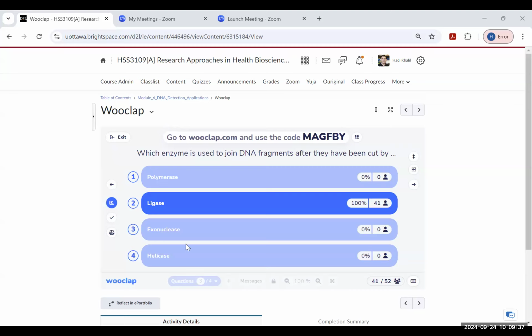It's not the endonuclease, because an endonuclease is a restriction enzyme, and it's not a helicase, because the helicase is the one that unwinds the DNA. Good thing that no one answered helicase. I would have estimated that polymerase and endonuclease could be possible mistakes, but that's good. All of you got the right answer.